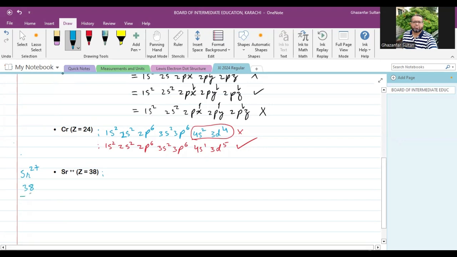So 38 minus 2, there would be 36. So instead of writing the electronic configuration of 38 electrons, we should write the electronic configuration of 36 only.